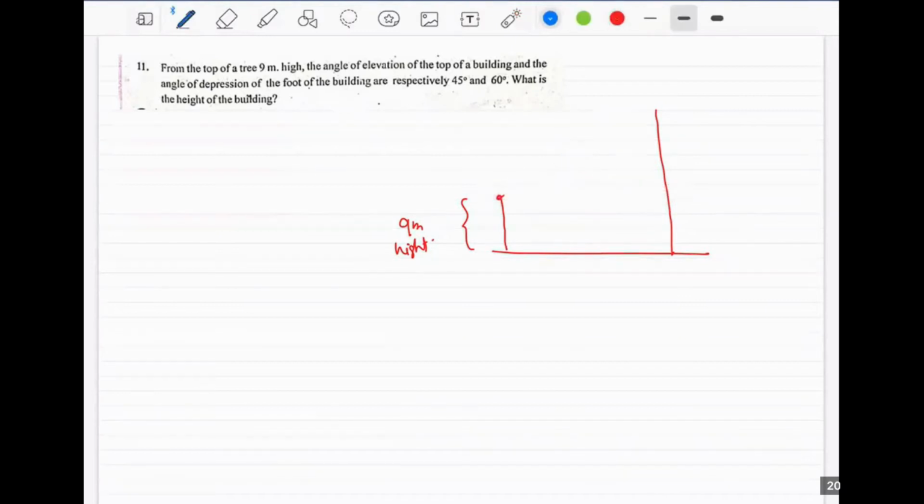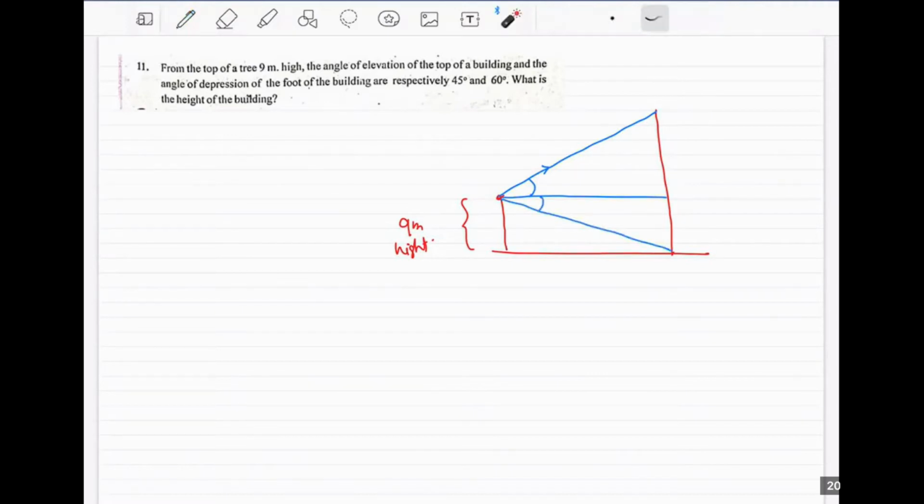So first of all, you draw the horizontal line from the place where the person is standing, and then you look up. Now the angle of elevation is here. You look up at the top of the building, and you look down at the foot of the building. When you look up, this is the angle of elevation. When you look down, this is the angle of depression.